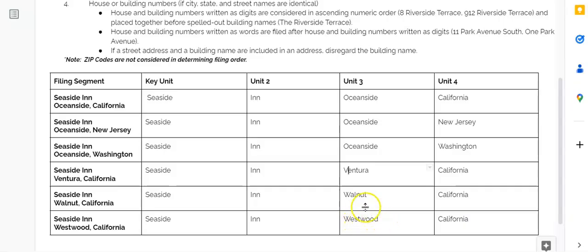Notice that Westwood is after Walnut because WE comes after WA. And because we have 3 Oceansides, we then need to look at the states. So the C in California is before the N in New Jersey, and the N in New Jersey is before the W in Washington.